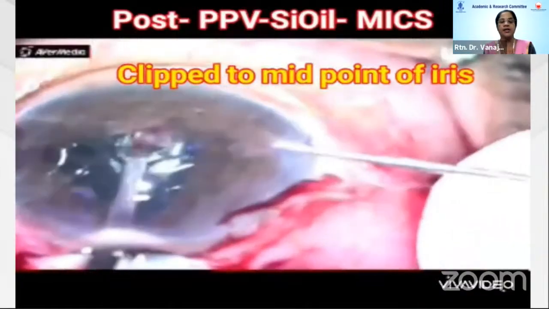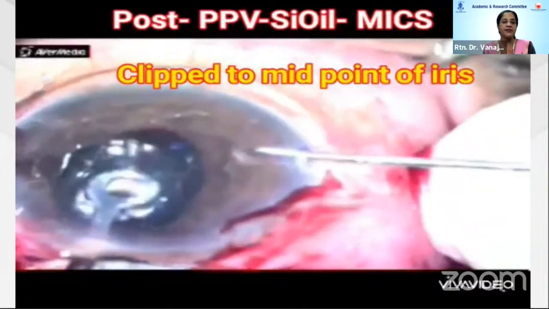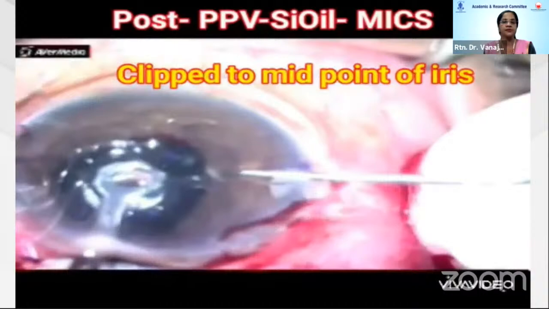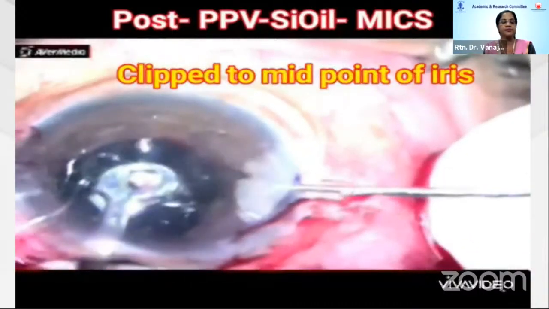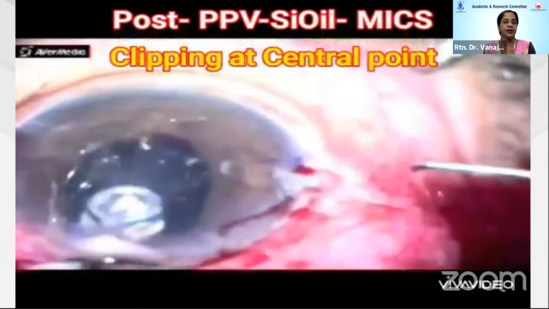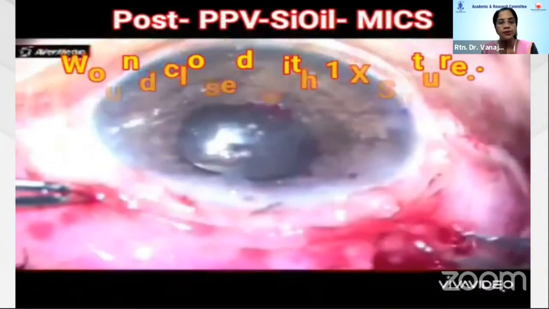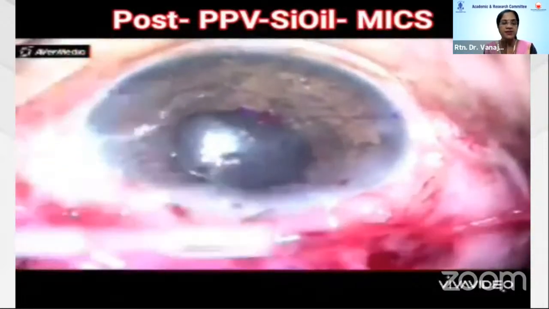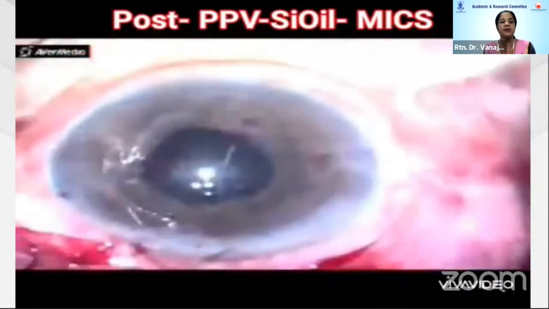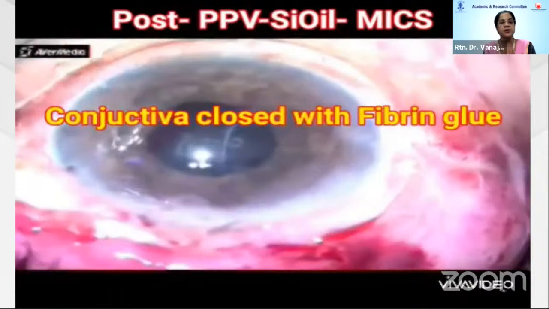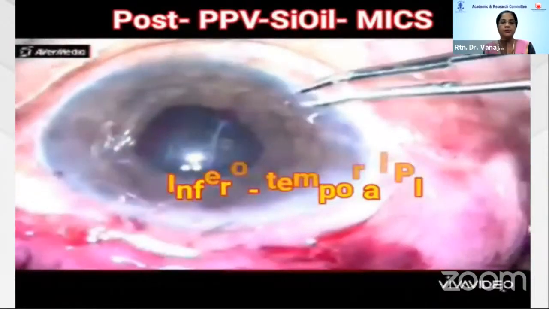It's important that we do the enclaving at the midpoint of the iris so that you get a nice round pupil, and the wound can be sutured. I've given a one X suture and I'm gluing the conjunctiva over with fibrin glue.